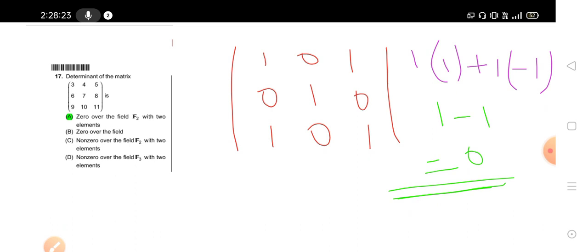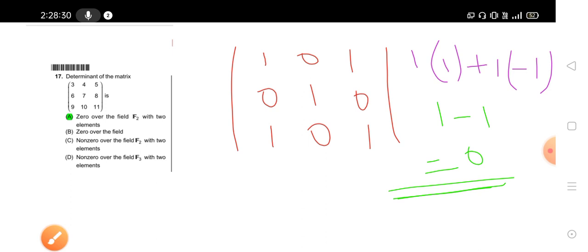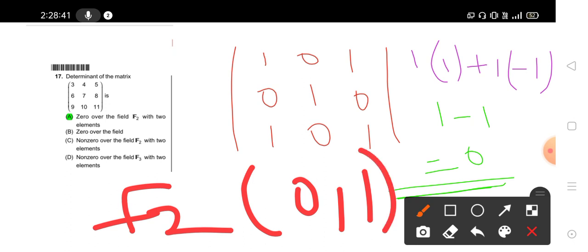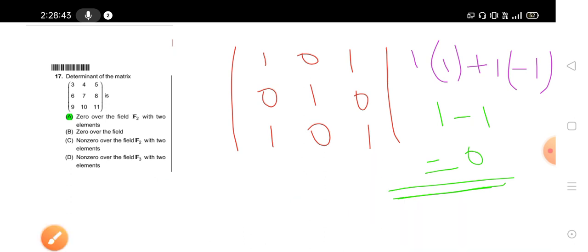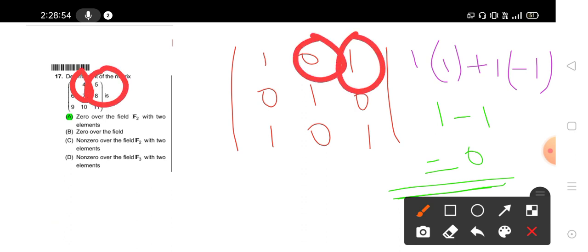Determinant of the matrix. Here a determinant is given, and option A is given as 0 over the field F2 with 2 elements. What is the field F2? F2 contains only the elements 0 and 1, and here 3 is taken modulo 2, so the answer is 1, 4 modulo 2 is 0, 5 modulo 2 is equal to 1.